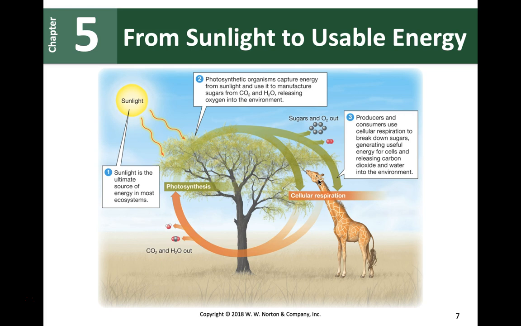Okay, so basically what happens, guys, in the big picture, in photosynthesis is you're using the sunlight as a source of energy, and by you I mean the plant. So sunlight is being absorbed by the plant, and that plant is then converting carbon dioxide into glucose. Okay, so a complex molecule, right?